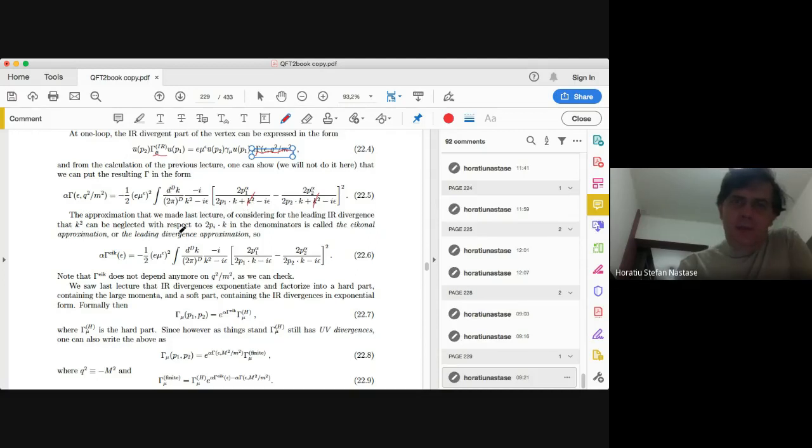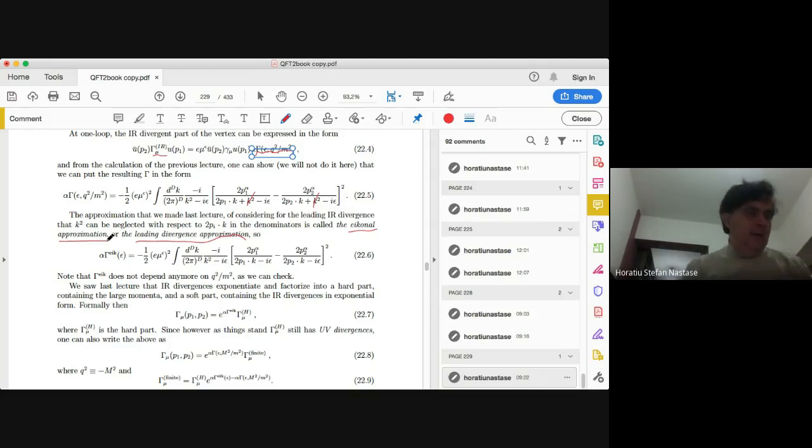However, the point is this approximation is known as the leading divergence approximation, but it's also called an eikonal approximation because of its relation.